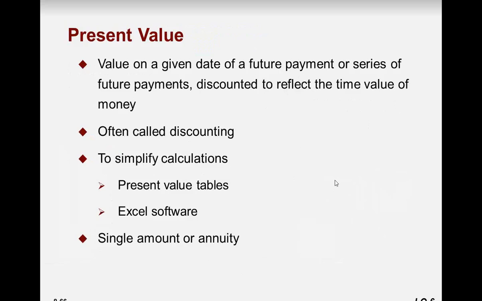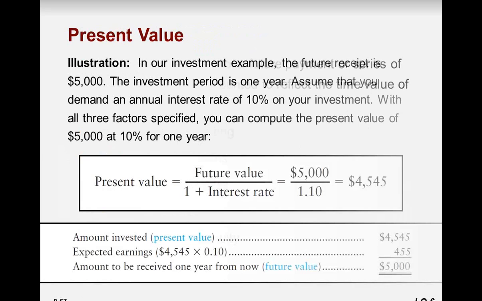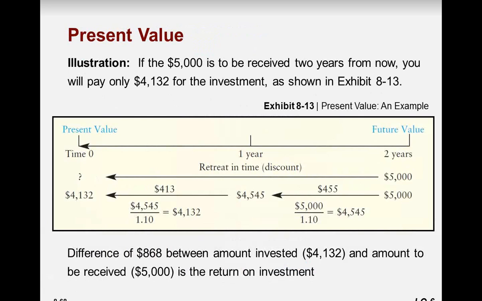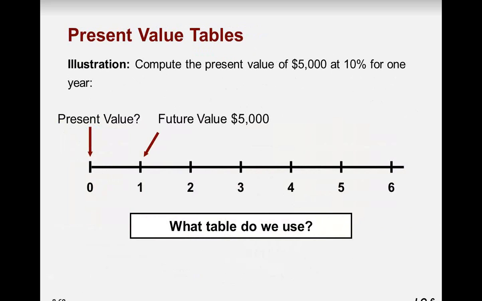If I'm going to invest so much each month or so much each year, I would use the present value of an annuity of a dollar table. Other things that you need to know as we get ready to move forward, if you could look at the tables, that would be great, but if you can't, I can get to them here in the slides pretty quickly. This is just more illustration of how we're doing the last computation.